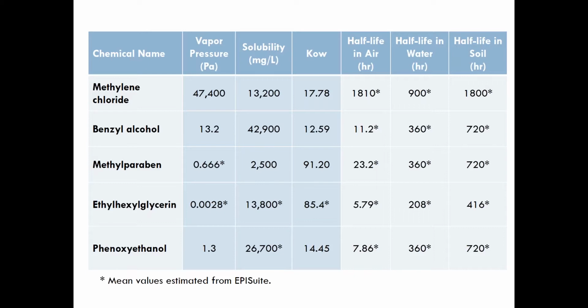It has chlorine, which tends to stabilize compounds, so it's the most stable one. And when we look at the half-life of benzyl alcohol, particularly the one in the air, that is in the outdoor environment. So when we use our tools, we should be careful to think about where the use is and whether this information is relevant. So we'll take a look at that.